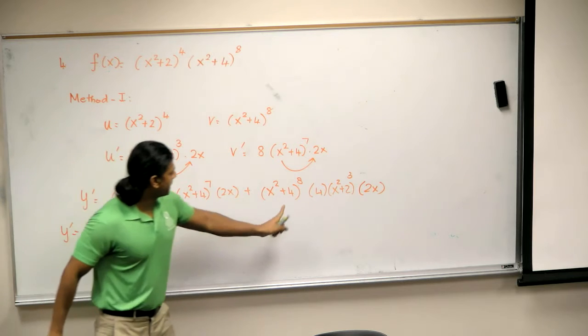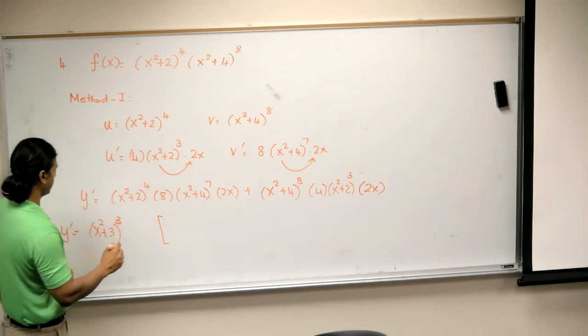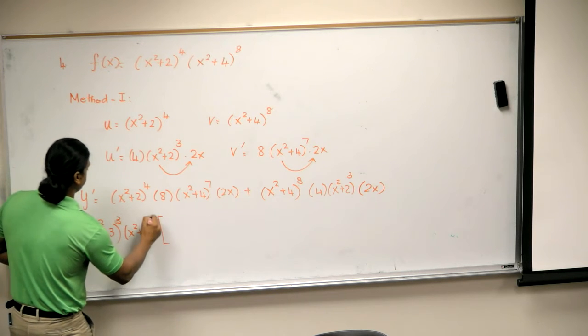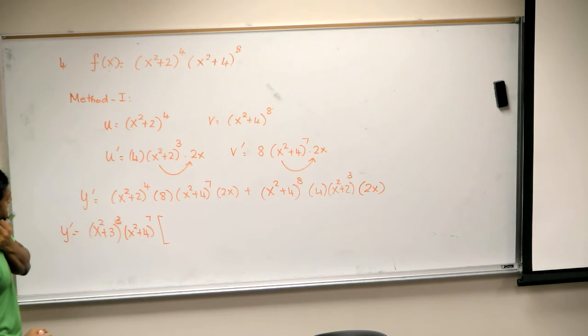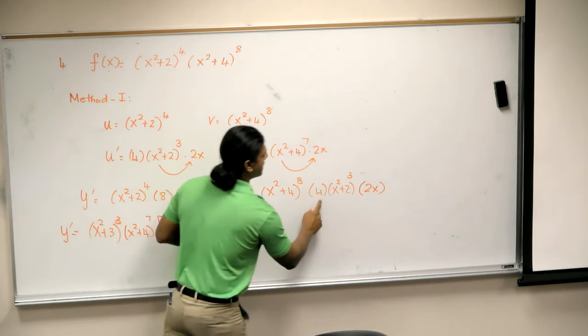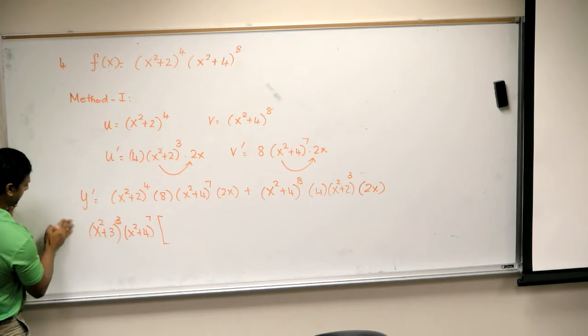Between that term and that term, I have x squared plus 4 raised to 7 in common. 4 times 2x gives 8x, so 8x is in common.